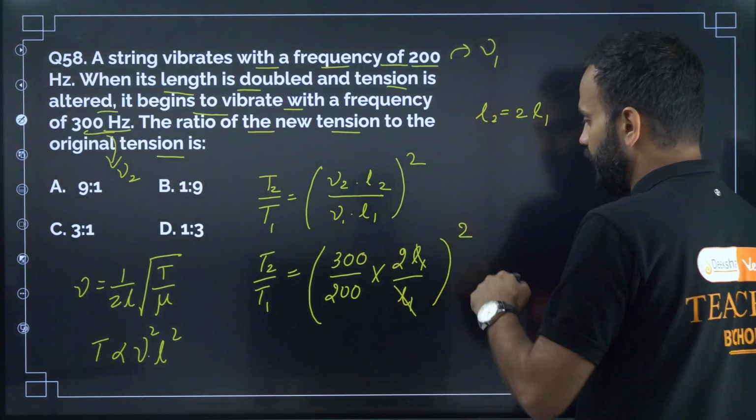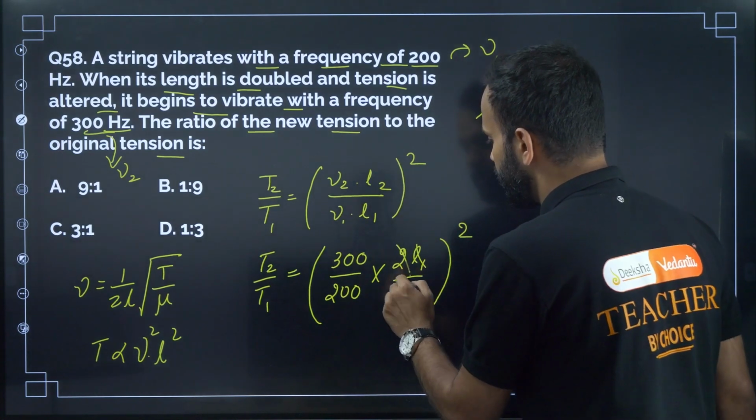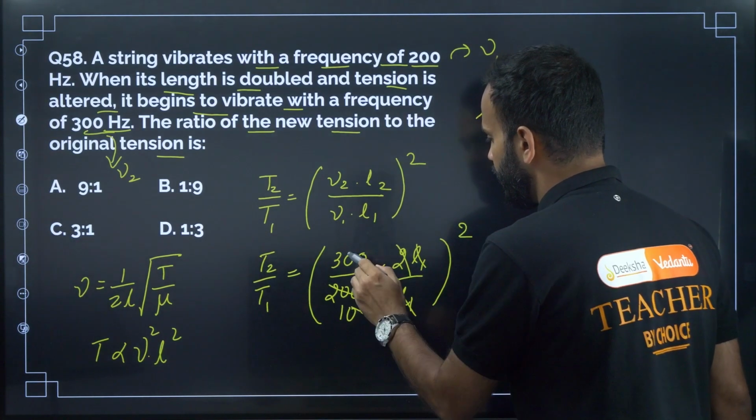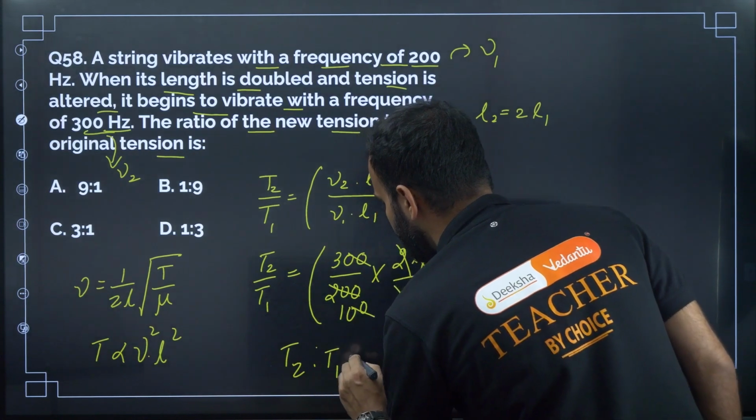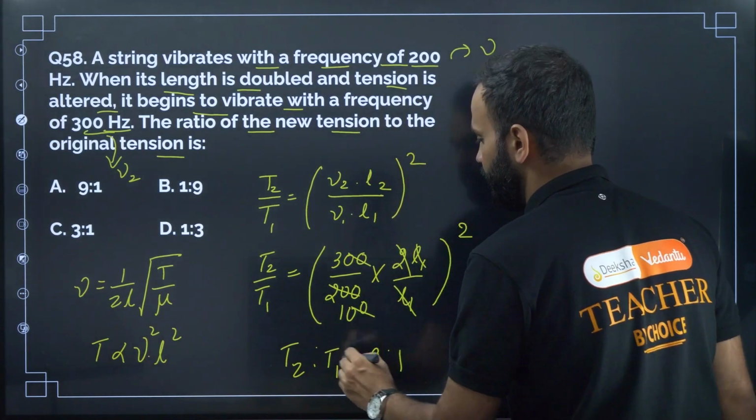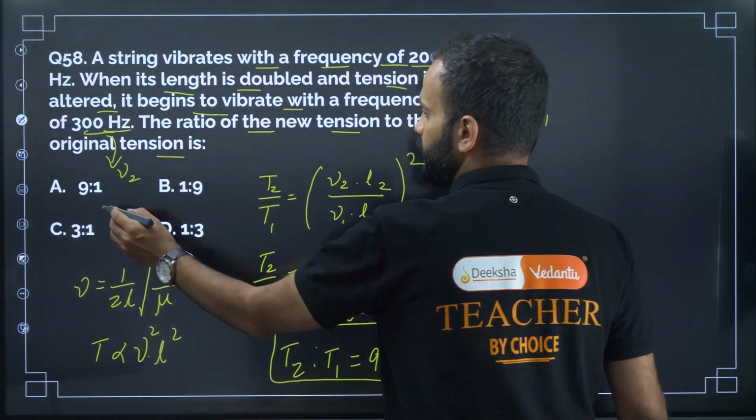L1 will get cancelled, and the square is there. The 100 will get cancelled. So finally, the answer T2 is to T1 is equal to 9 is to 1. So the correct option is A.